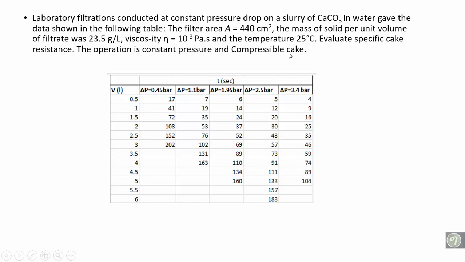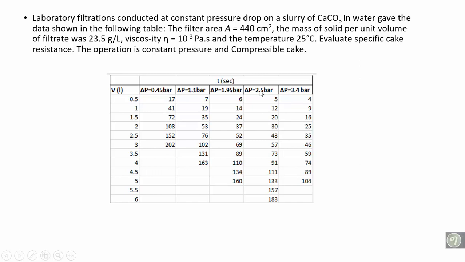Then you are asked to find the specific cake resistance, but the operation given here is constant pressure and compressible cake. So here is the data. This is the volume in meter cube. This is not liter actually, it's meter cube, and the time is given in seconds. So for different pressure drops, you will have a different time given for delta P1, delta P2, delta P3.